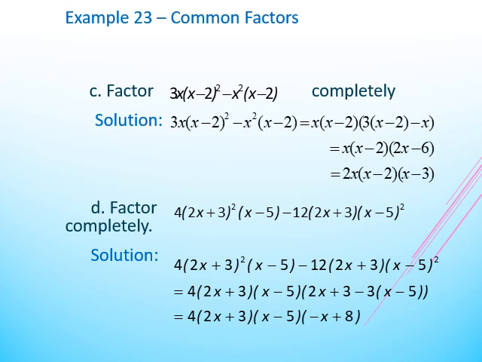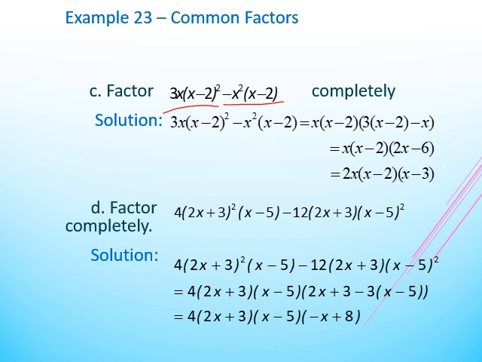Let's move to number c. The requirement is to factor 3x times (x minus 2) all squared minus x squared times (x minus 2). The solution: we will have two terms, and we will take from each term the smallest number and the smallest power. For the numbers, we can't take a number because it's 3 and 1, or maybe we can take 1.